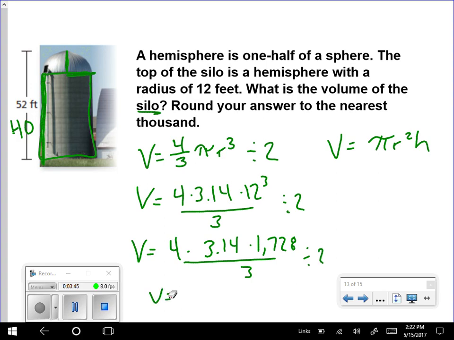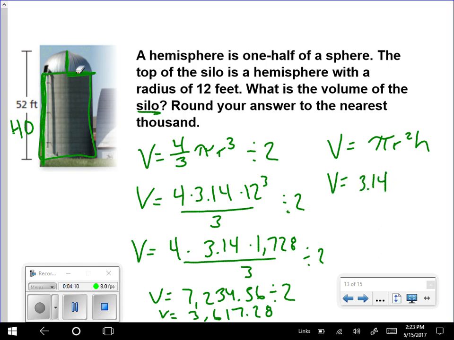So I'm going to multiply that by 4 times 3.14 divided by 3, which gives me 7,234.56, and then divide by 2. So the volume of the hemisphere is 3,617.28.